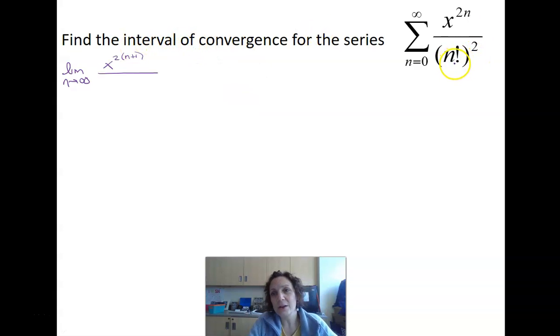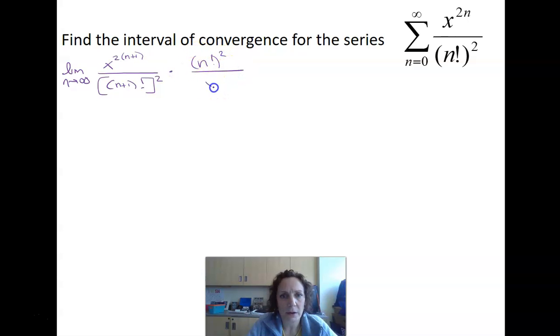Okay. Down here, I need n plus 1 factorial, and then I have to square that. Now, over here, I just have n factorial squared over x to the 2n. Okay, so look, I'm going to write n plus 1 factorial squared as n plus 1 factorial times n plus 1 factorial.